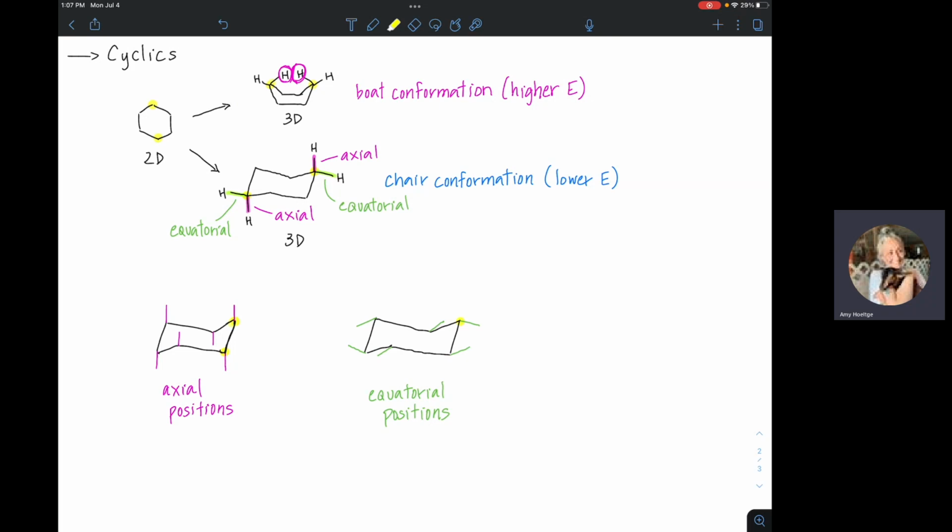So here I've got one group that's going down, but it's equatorial. I've got another group here that's going up, but it's equatorial, right? So axial equatorial doesn't necessarily mean up down, but it does help us identify where these groups are hanging out in three-dimensional space, and it helps us to assess the energy.